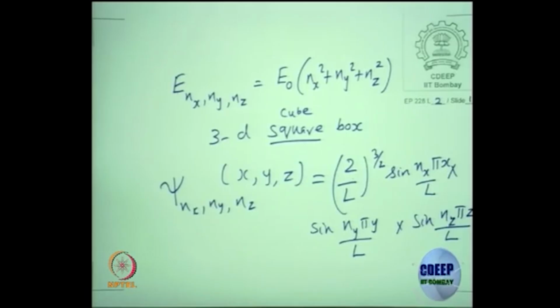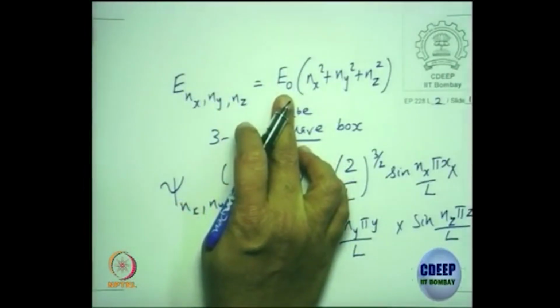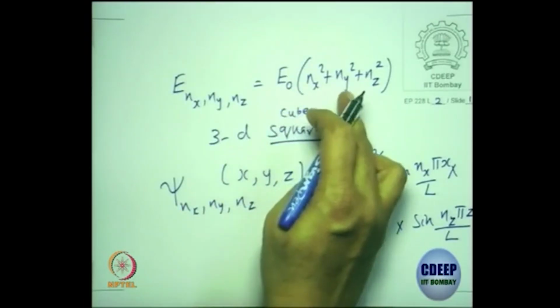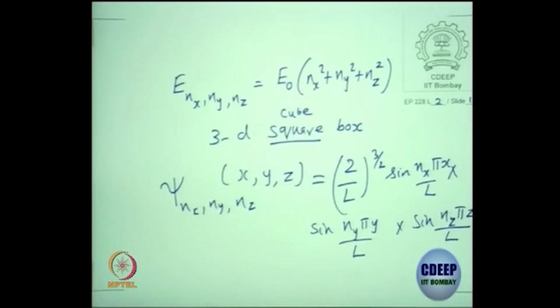What will be the modification if you try to put it in a kind of a cuboid with length, breadth, height to be L1, L2, L3? You have to accordingly modify these things. If you do the modification, this E0 also cannot be written as a universal E0. You have to appropriately put a by L1 squared, by L2 squared, by L3 squared.